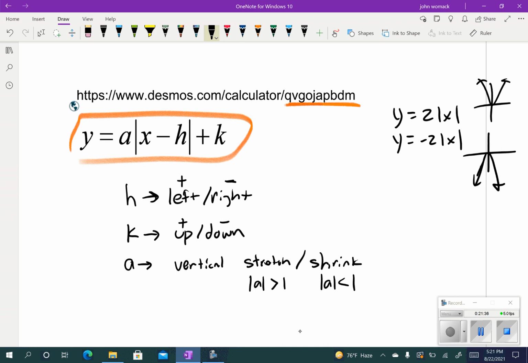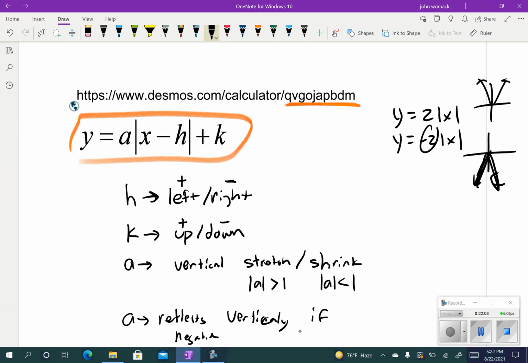The other thing A does is reflect it vertically if it's negative. So if it's negative 2, it's still going to stretch it, but it's going to be opening down. Okay, let's just do a couple practices real fast.